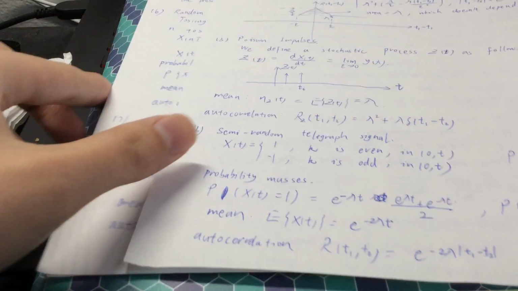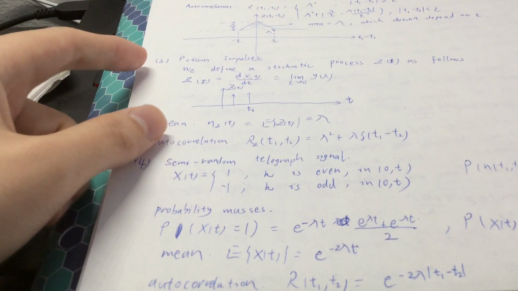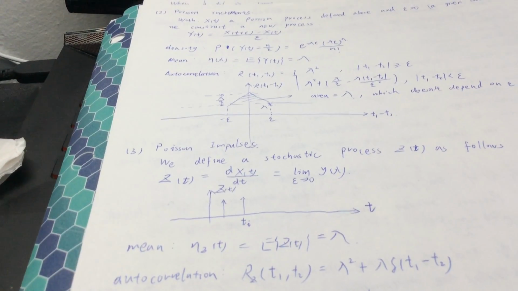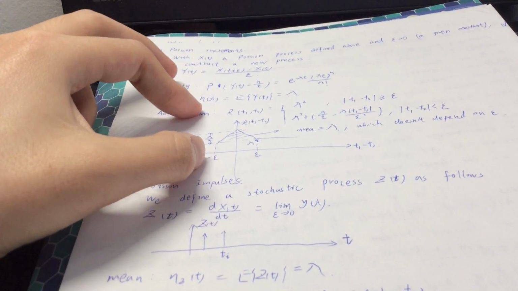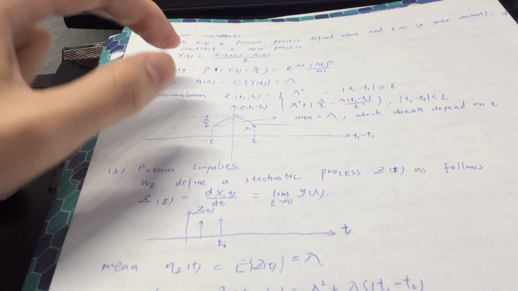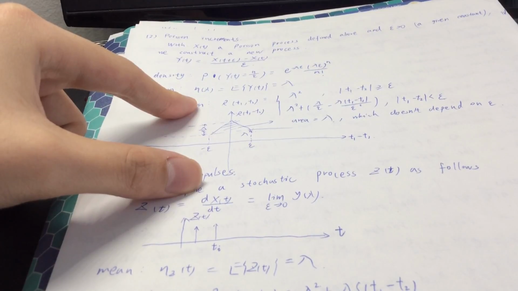Then we come to the second part, the Poisson increment. This is the definition of the Poisson increment, with Xt a Poisson process defined above and epsilon larger than 0.